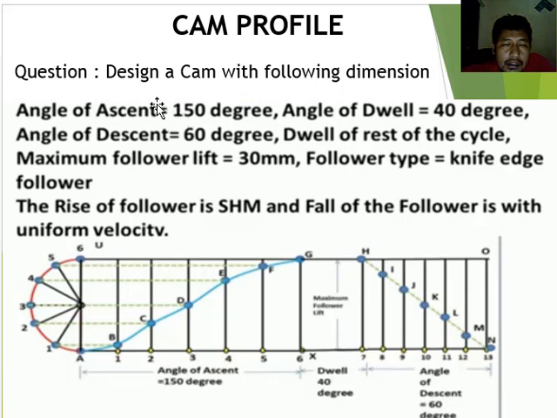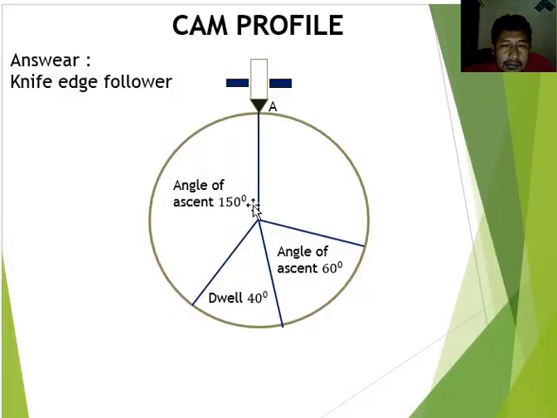The angle of action for the rise is 150 degrees, the dwell or stationary motion has 40 degrees, and the last motion, the fall motion, has 60 degrees. This is for rise, dwell, and fall motion.